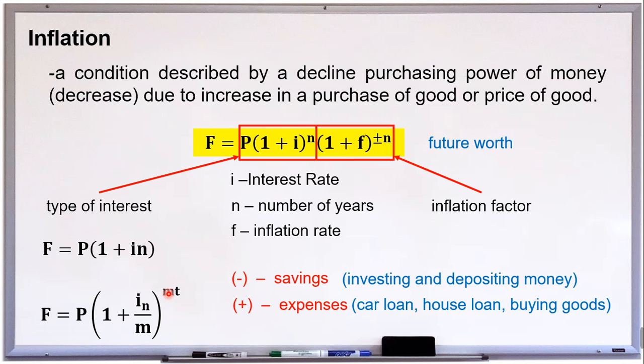The answer is no. For the inflation factor, the n will stay the same no matter what type of interest is given, because the inflation rate is per year, not per semi-annual, not per month, or per quarter. So n will remain as is no matter what type of interest is involved in the problem.